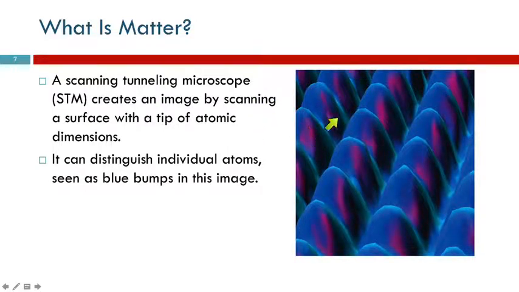So the tip goes up and down as it goes over the atoms, and the computer gives us an image like this of individual atoms. It's distorted, it's not a clear picture, but it's the closest we can get to pictures of atoms. They appear cone-shaped because of distortion, but they're actually spherical shapes.